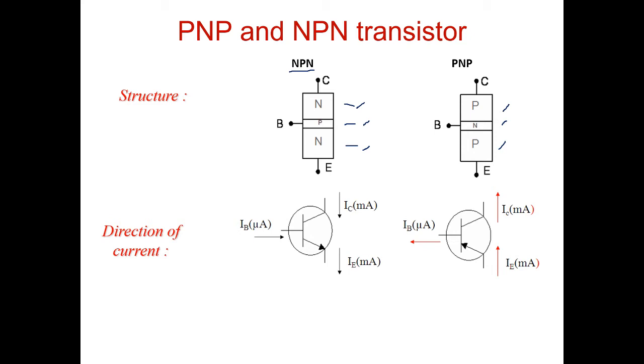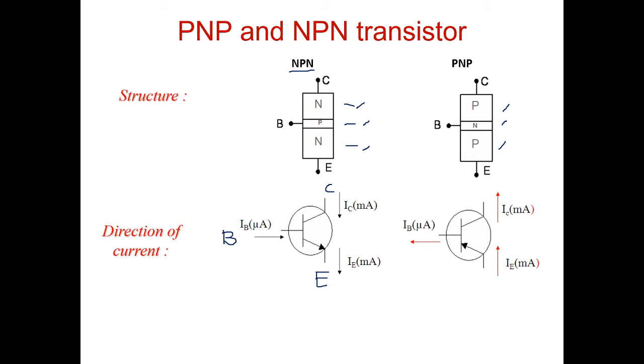So how you want to draw the symbol for the transistor is just as shown inside this slide. You draw a circle with 3 terminals: this is the current flow for the C, the collector part, this is the base part, and also the emitter part. Here at the emitter part is how you draw the arrow for the transistor.